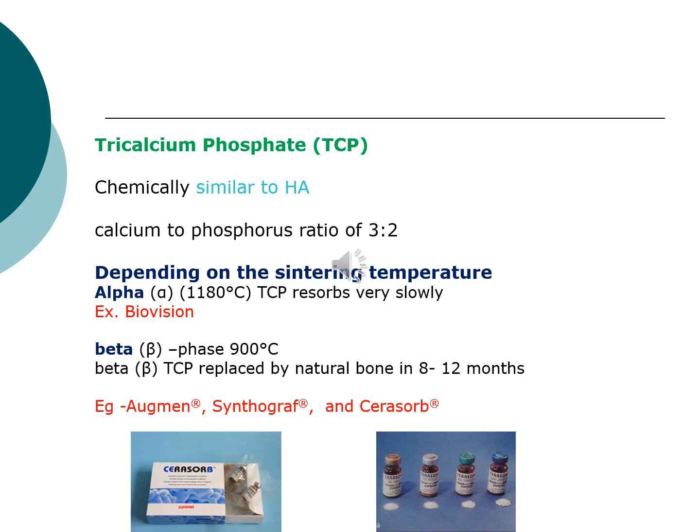The alpha has a sintering temperature of 1080 degrees and resorbs very slowly, so it is rarely used. The beta tricalcium phosphate resorbs in around 8 to 12 months. Both are available in the market. The alpha is available under the trade name Biosorb, and the beta is available under trade names like Synthograft or Osteoset.